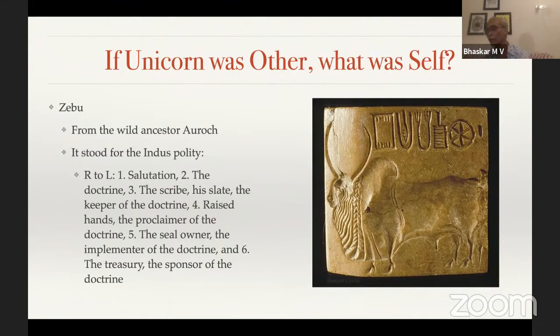We're not looking at it phonetically at all. We're looking at it only in terms of values. The second one, which is the wheel or the sun, we could say it represented the doctrine of the time, which was later called Ritha in Vedic times, then Dhamma or Dharma in the post-Vedic times.